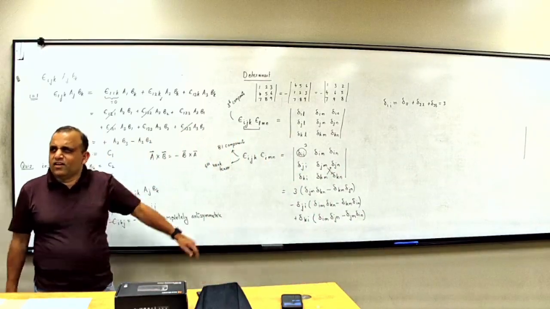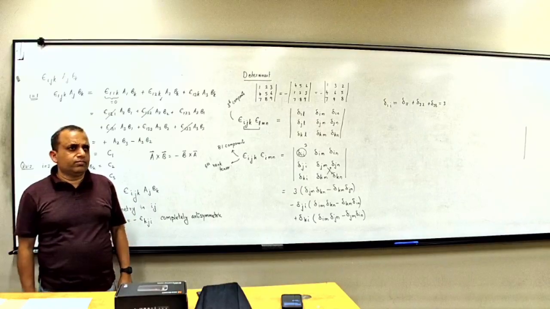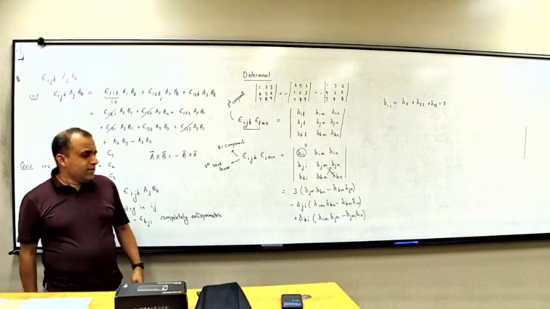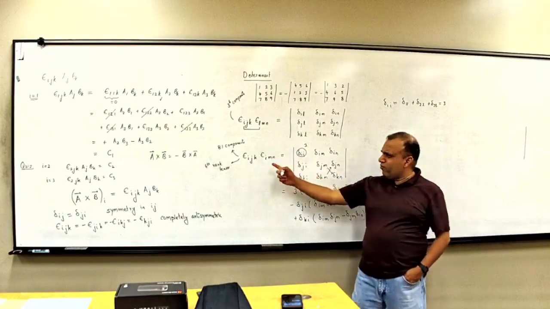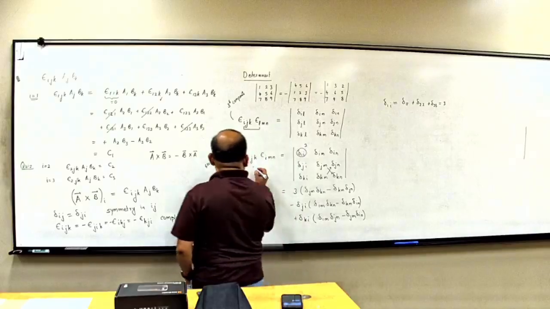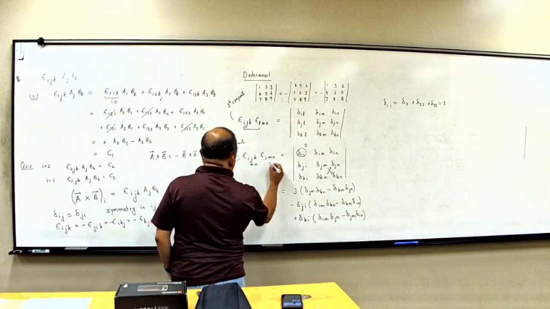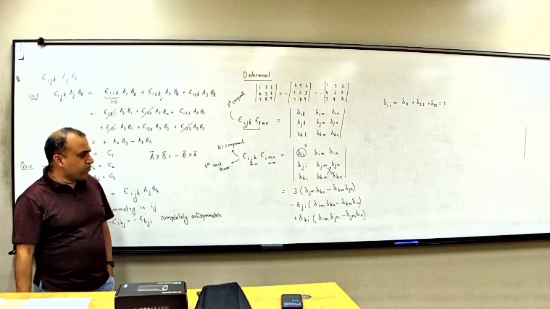Is that very clear? We have 4 free indices. That is these two, right? The free indices are J, K, M, and N. Anything else we have to sum over.